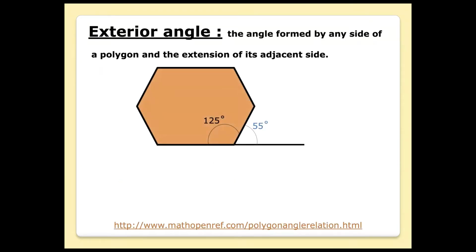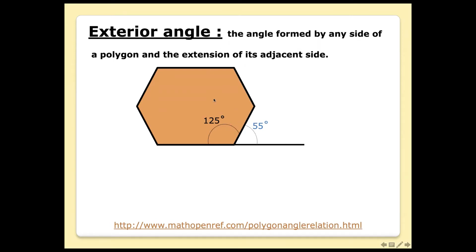Okay, what about the exterior angle? Yes, exterior angles. So what is meant by the exterior angle? The angle formed by any side of the polygon and the extensions of its adjacent sides. So if we extend one of the sides of the polygon, we will form an exterior angle. What can we do with the exterior?